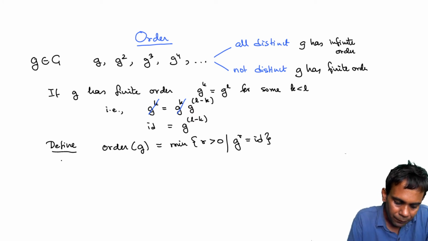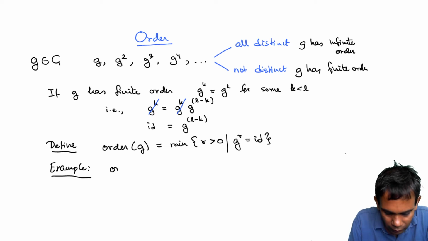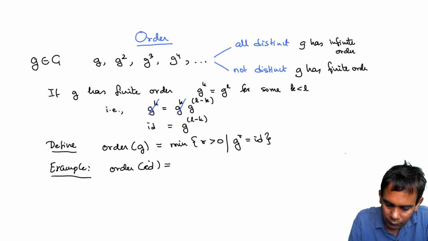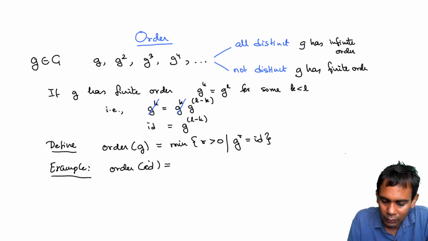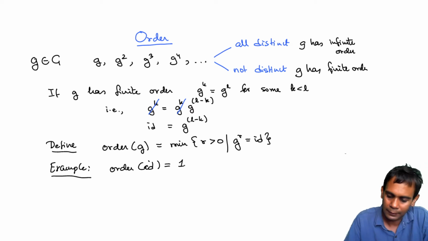And so for example, the simplest example is if you take the identity element of the group itself, then identity to the 1 is itself identity. So this is order 1.